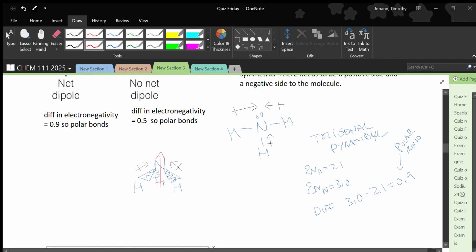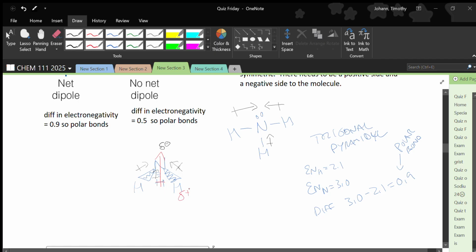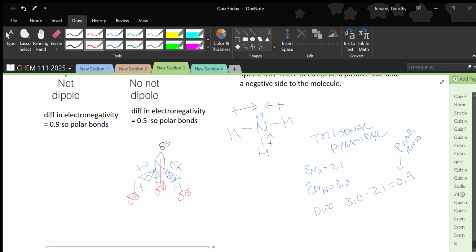And so you can see that the net polarity here, I'll do it in red over it, would be that. And so I have a partial negative charge up here on the nitrogen, and I'm going to have partial positive charges down here on my hydrogens. If I think about doing this across the center of mass of the molecule, I end up with a positive side and a negative side.